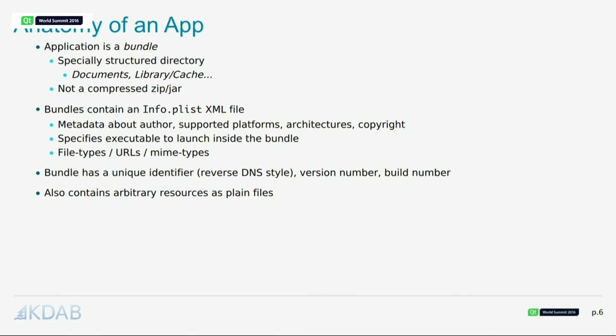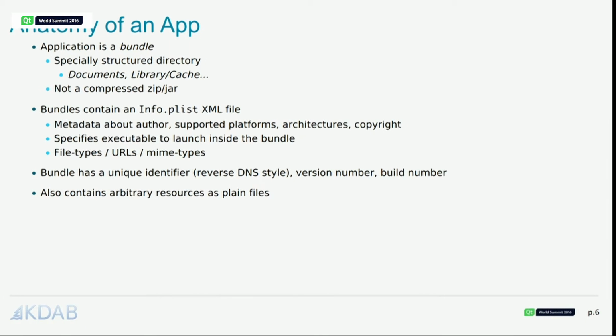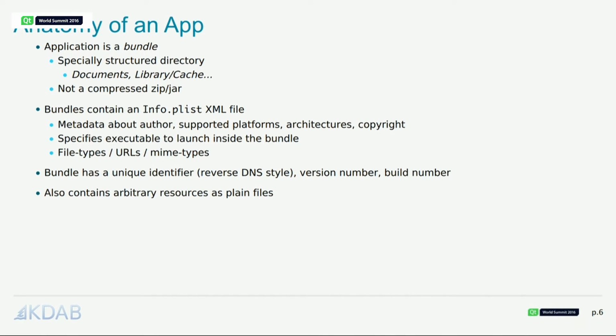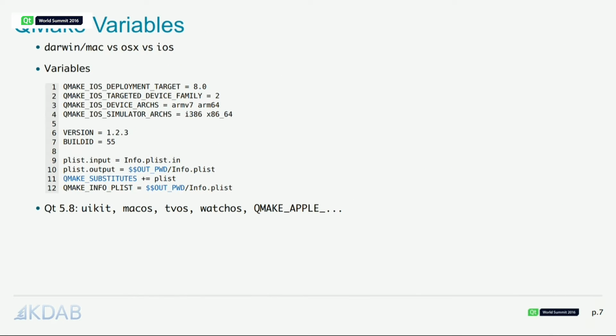Okay, the bundle, this plist file, it contains lots of information about your application, who the author is, what restricted platforms you want to support, all that kind of things. Now, Qt will let you control some of these from QMake variables.